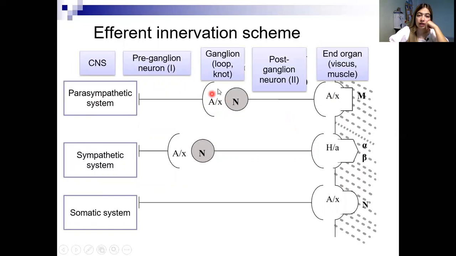So you see, in ganglia, the transmission happens with the help of acetylcholine, and also in the affected organ, also with the help of acetylcholine. But in the sympathetic system, the first preganglionic neuron has acetylcholine, but the second has noradrenaline or norepinephrine. So this is the second difference between sympathetic and parasympathetic innervation.